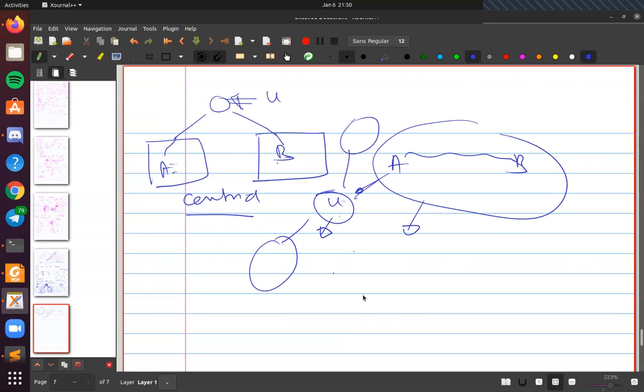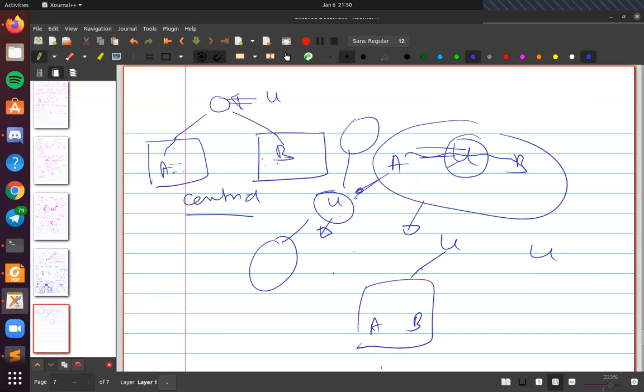So A and B would be in the same component of the centroid tree, like this. But since A and B are in different components, this must be present in between A and B so that it could break them, right?